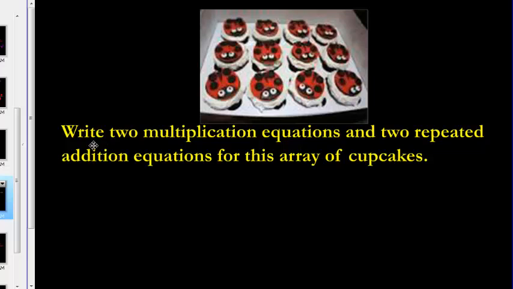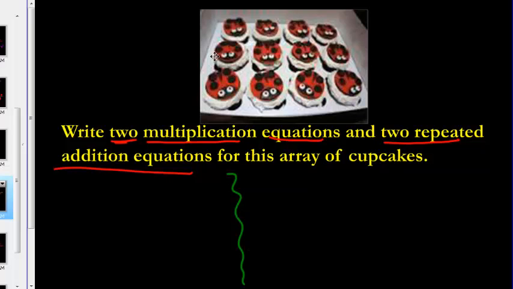Alright everybody, we're back. It says write 2 multiplication equations and 2 repeated addition equations for this array of cupcakes. So here's what you should have done. I'm going to split the page in half because it says we need 2 of each. Taking a look at this, you could have started with rows and went 1 row, 2 rows, 3 rows. So you would have went 3 times.